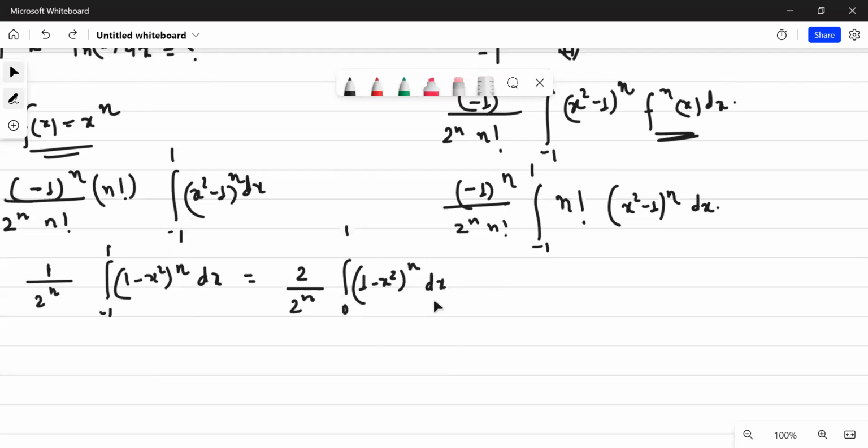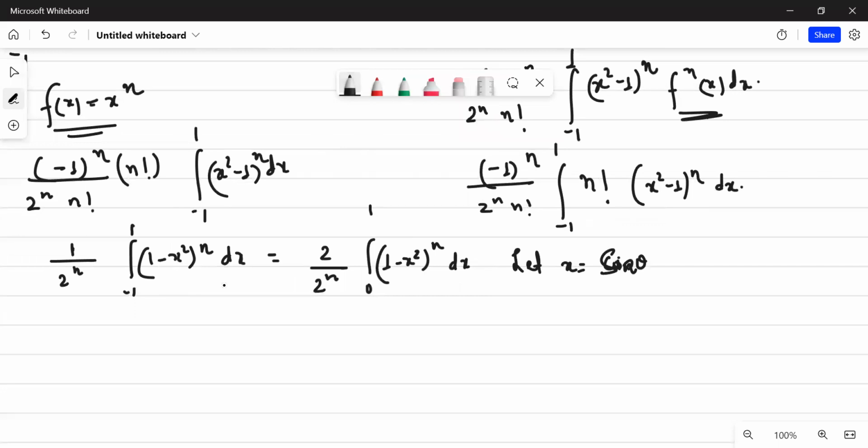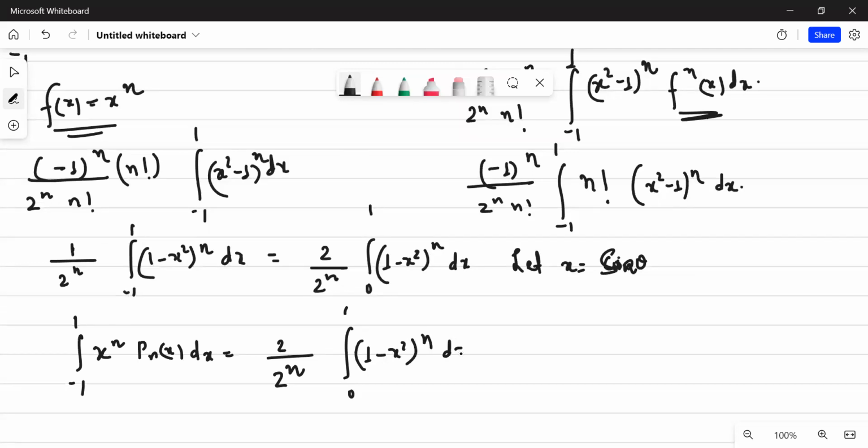So this integral, if you want to find it, I already told you that just let x equal to cos theta or sin theta. So if you let x equal to sin theta, what will come? The required integral that you want to find is equal to the integral from -1 to 1 of x^n Pn(x) dx, and this is equivalent to writing 2 upon 2^n, integration from 0 to 1 of (1 - x²)^n dx, right?